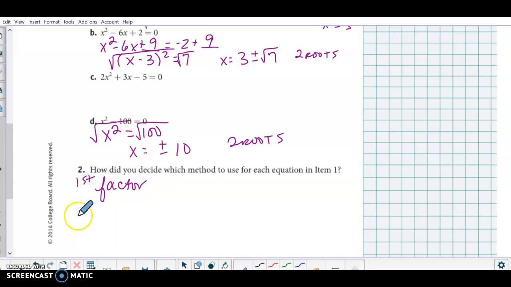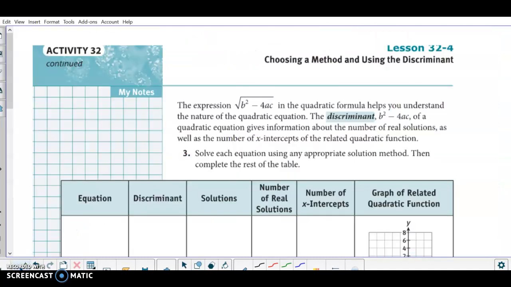On letter D, there was a squared, so maybe square root or complete the square. It kind of depends on your preference. So today we're going to look at how exactly you can decide very quickly how many roots there would be.